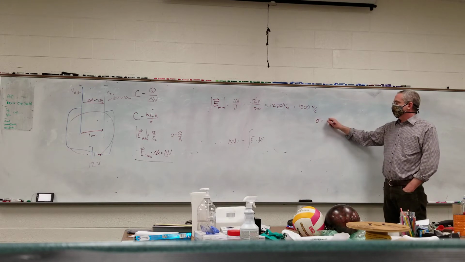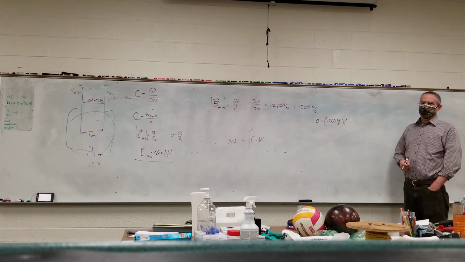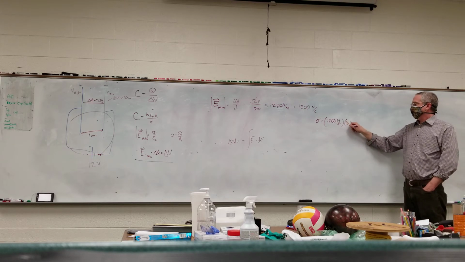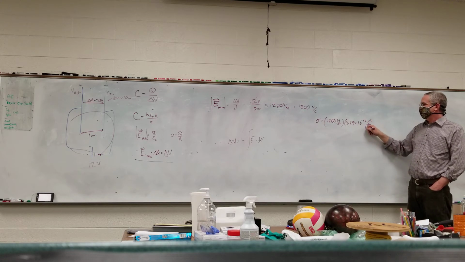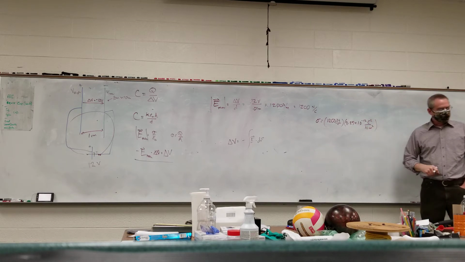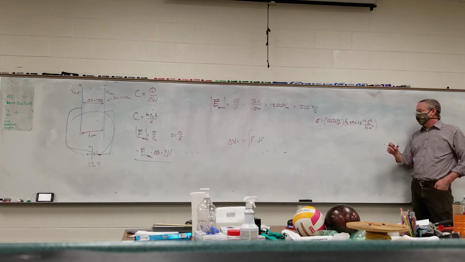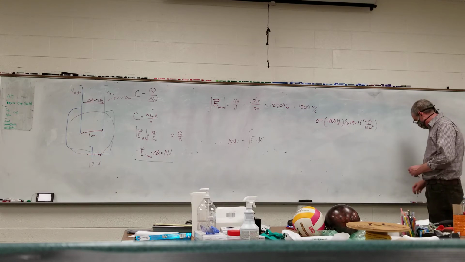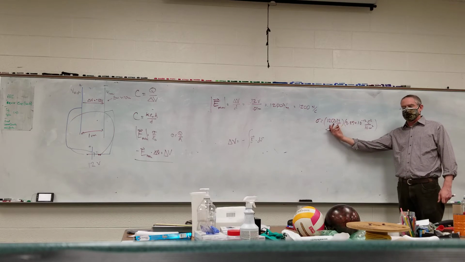So we have 1200 newtons per coulomb times epsilon. And what's epsilon without looking it up? 8.85 times 10 to the negative 12 coulomb squared over newton meter squared. All right. And just to make sure that the units work out right, typically if you're staying in SI units you're going to be good.